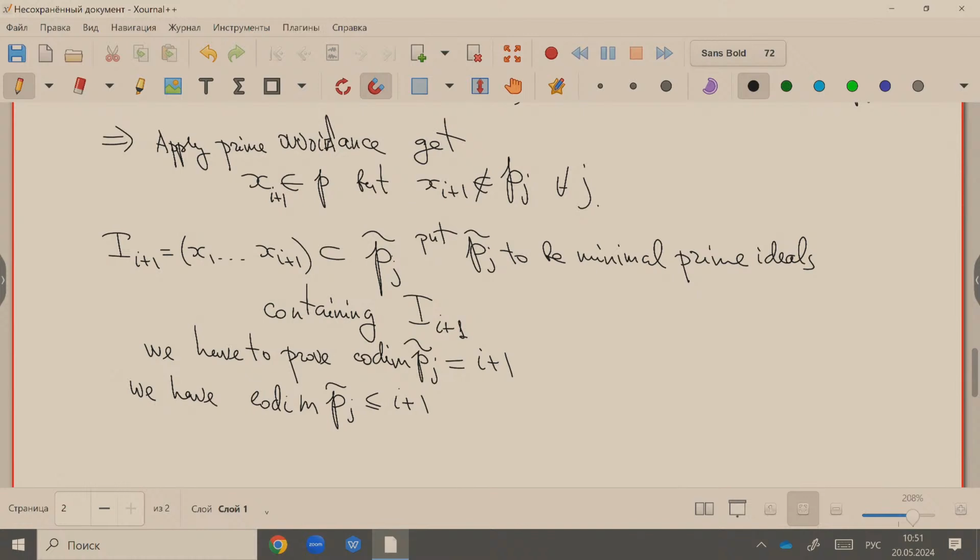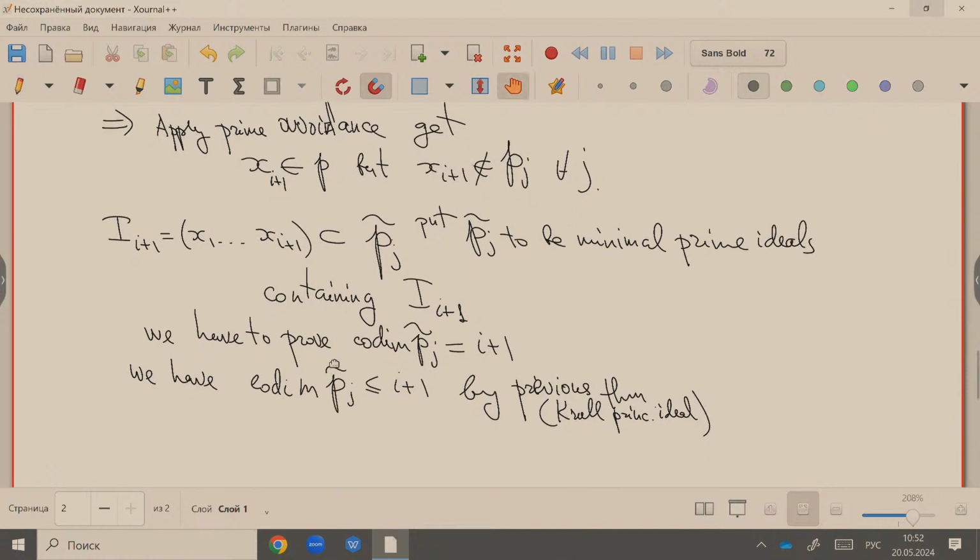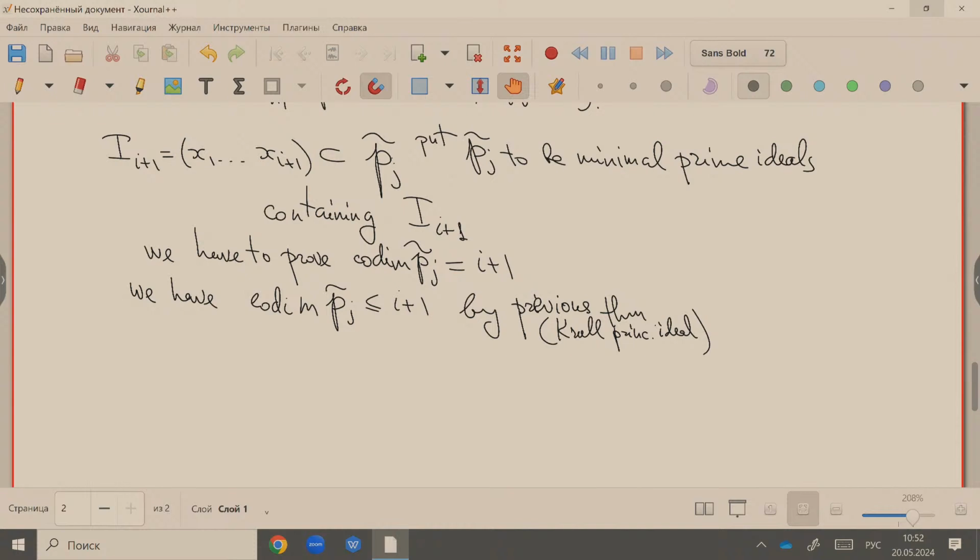This is because we have the sequence, so by the previous theorem. This is Krull's principal ideal theorem actually with this additional technical proof, a generalization of Krull's principal ideal theorem. This codimension is less or equal than I plus 1, so we have to prove that the codimension is actually larger.